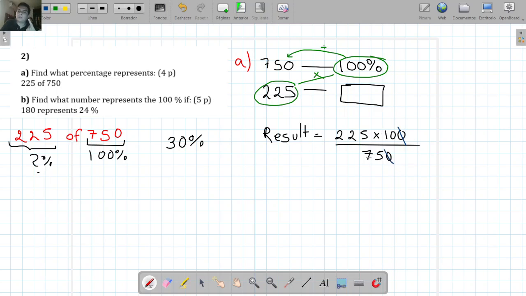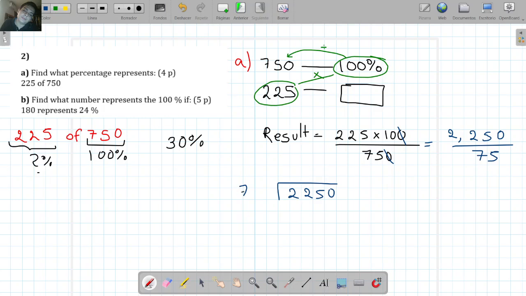Can we do the division big? Yes, we can do it. We have to multiply 225 times 10 is 2250 divided by 75. This, as a result, should give me the same, right? Let's see if it's true.